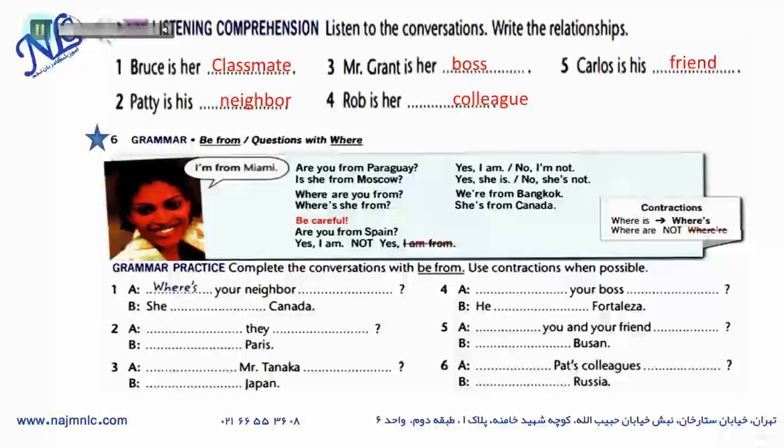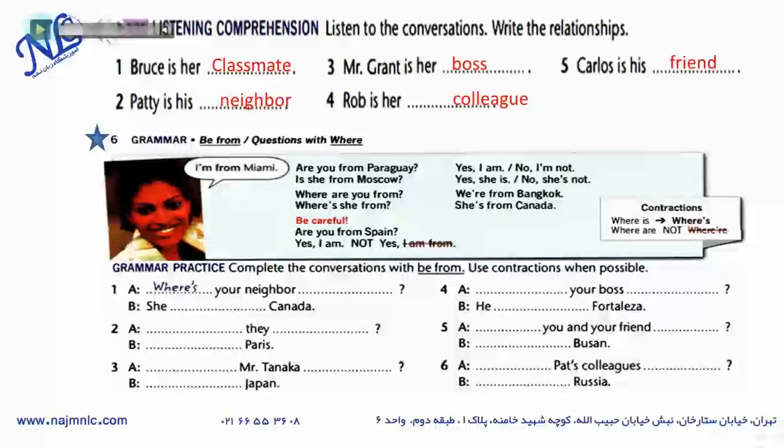Conversation 2. Helen, this is Patty. Hi, Patty. Hi, Helen. Patty's my neighbor. That is my neighbor. Okay. Repeat, please. Number 3. Conversation 3. Mario, this is my boss. Repeat, please.